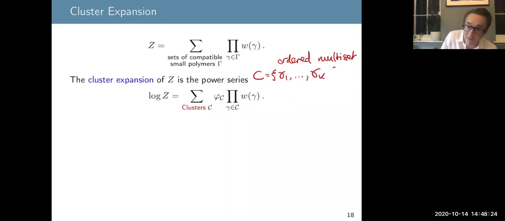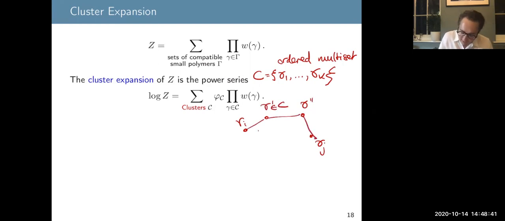Let's say gamma 1 up to gamma k. And what's the property? Between any gamma i and gamma j, I can find a path of other polymers in my cluster. And what's the property of this path is that the distance between these two polymers is less than 2. So if you like, it's like a polymer of polymers.